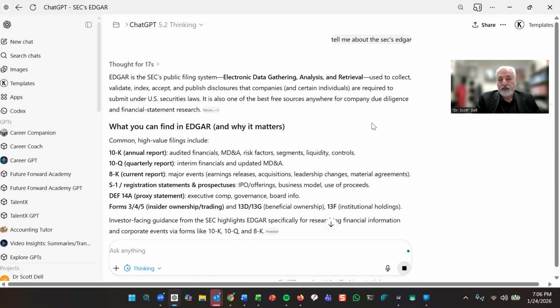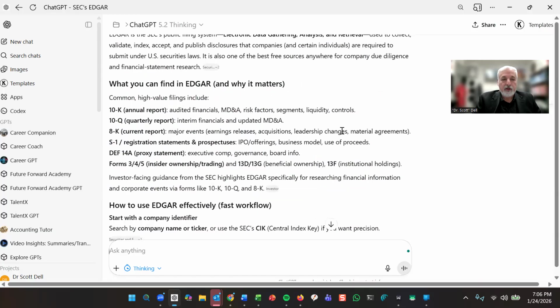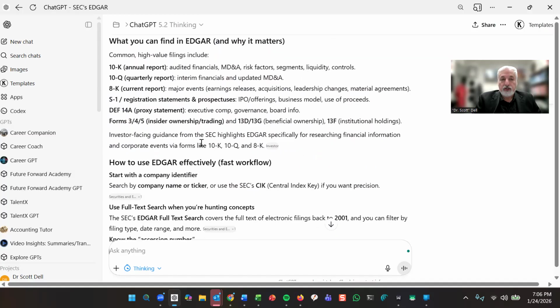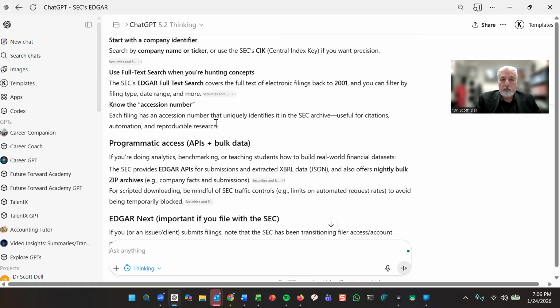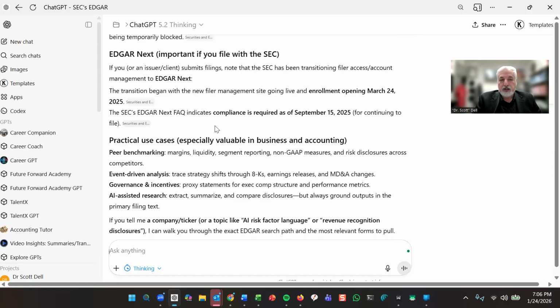When filings are made, almost instantly they appear in Edgar, in pretty short order. As I say, the 10K, the 10Q, annual and quarterly reports, 8K, a current report, registration statements, Def 14A, proxies, a bunch of forms. This just gives you some background information, and you can do a deeper dive yourself.